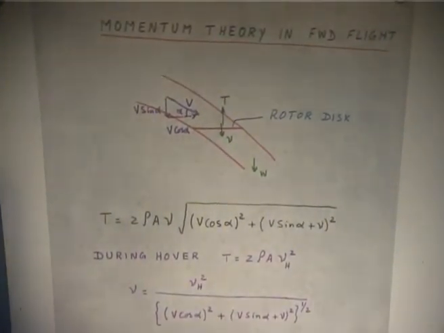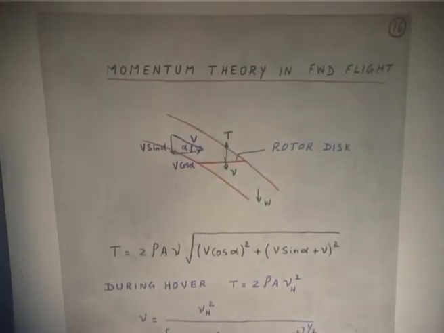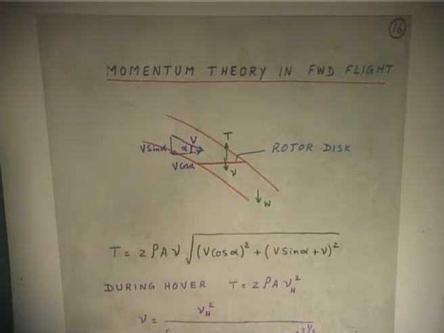Like you did in hover, where you applied the momentum theory and predicted the inflow through the rotor disc. Okay. Similarly, you apply the momentum theory to forward flight. Okay. But please understand, I will not write all those various things.